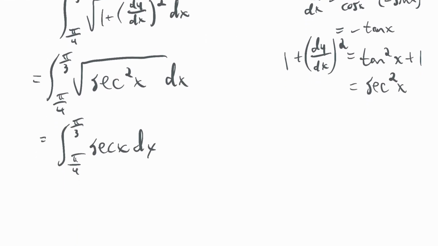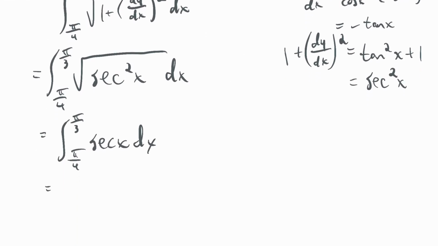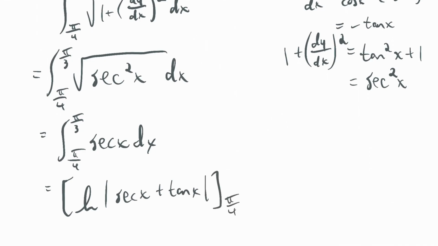which we used in a recent example. So this will be the natural logarithm of the absolute value of secant x plus tangent x evaluated at pi over 4 and pi over 3. And I'll point out also that we don't really need absolute value here. I could just as well use parentheses because everything's positive in quadrant 1 anyway.